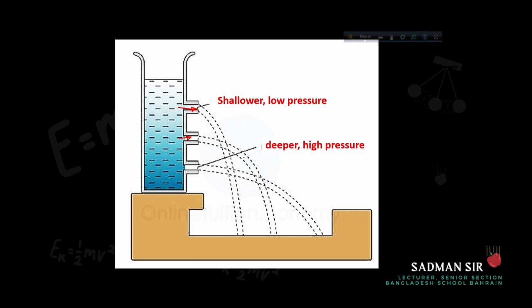So it goes to show that water is coming out at a higher pressure, and the water will come out at the highest pressure. Where? Out of the three holes that we have made, this one is the deepest, so the water will come out with the highest pressure out of the three, right? And you can see that the water is falling at a very far distance, and that goes to show that the pressure is very high here. So what we understood from here, the deeper we went, the pressure rose, right?